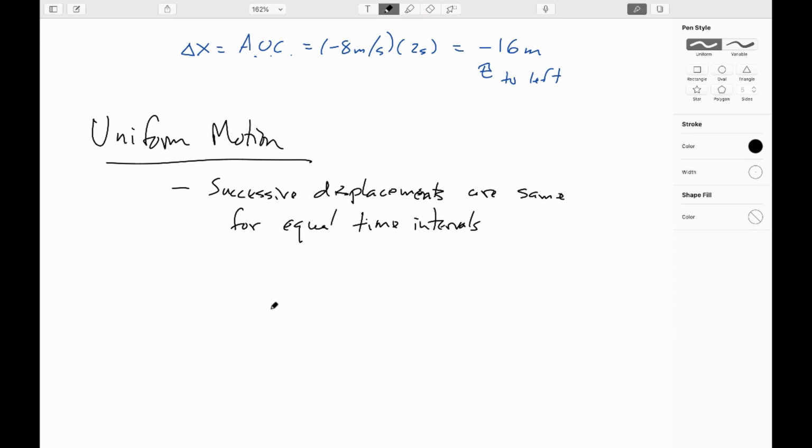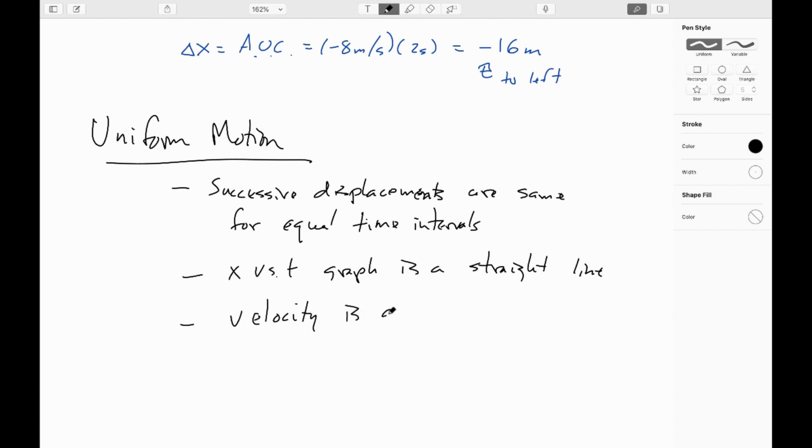We can also say that it's uniform if its position time graph is a straight line. Or we can say its velocity is a constant.